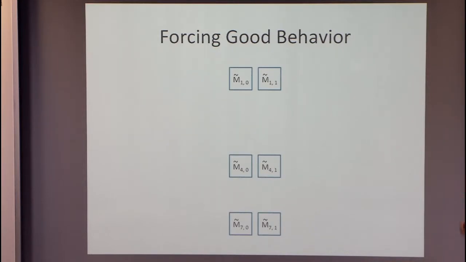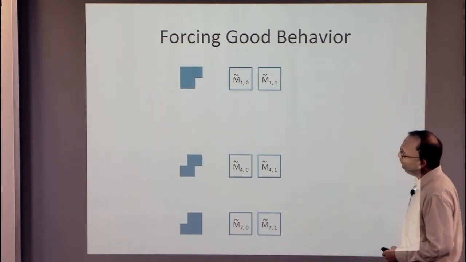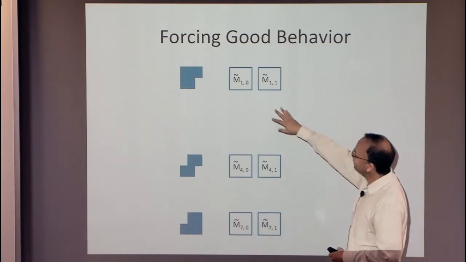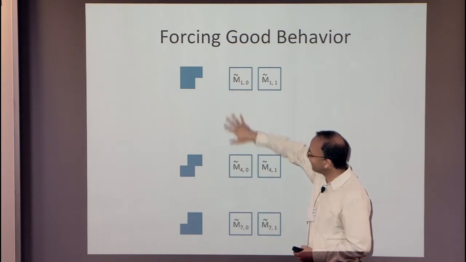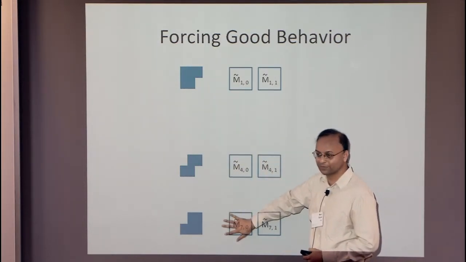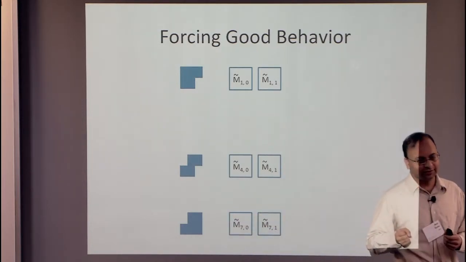And what do we want? We want to force good behavior on the adversary. What that means is that if the adversary starts with this matrix, then he has no option. He has to pick this matrix and then pick this matrix. He can't mix and match these things.